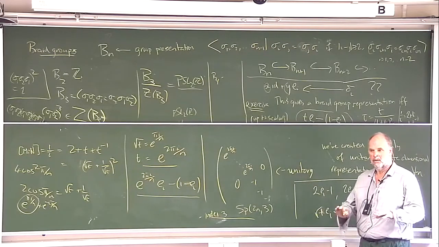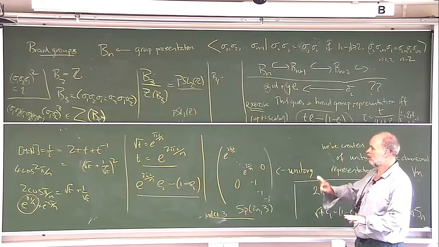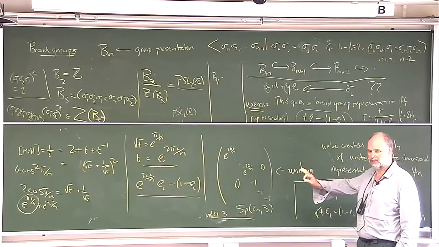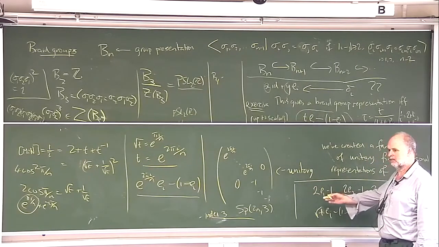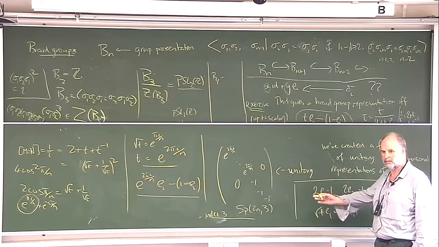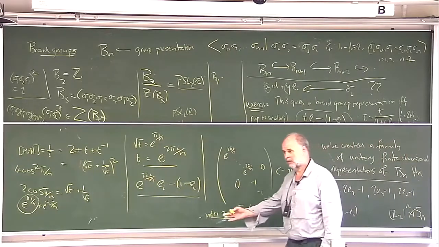Purely on the level of groups given by generators and relations, we've got an interesting family of unitary finite dimensional representations of the braid group, whose images can be finite groups.